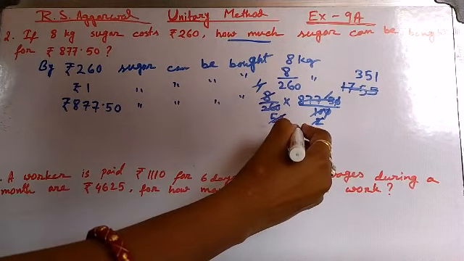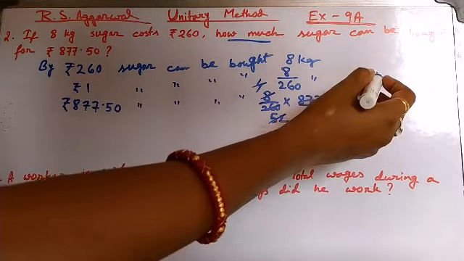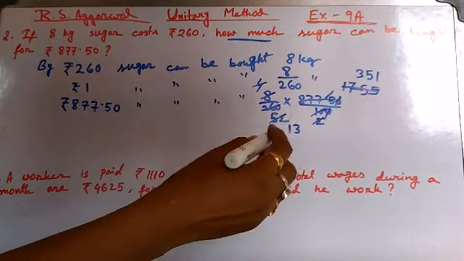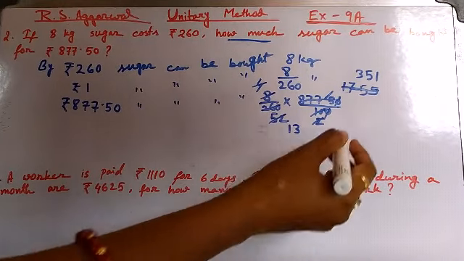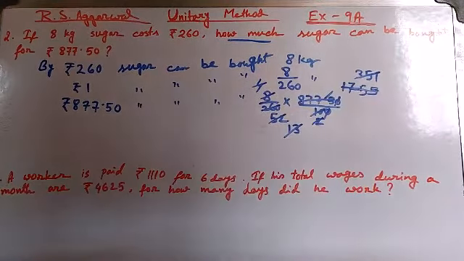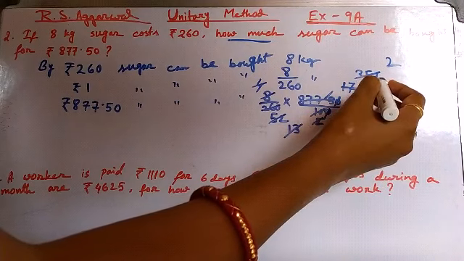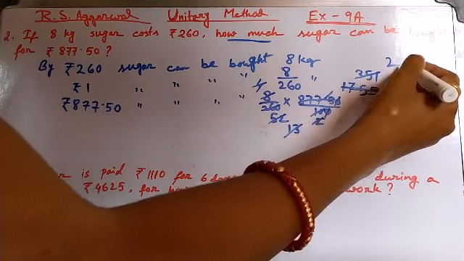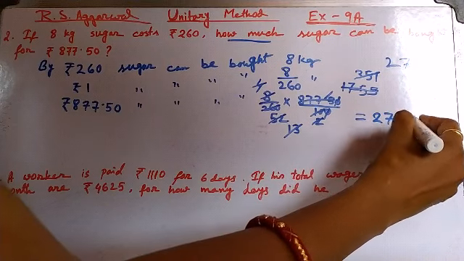That means 4 13s are 52. So by 13 it can be cut. 13 2s are 26, 13 7s are 91, so the answer will be 27 kg.